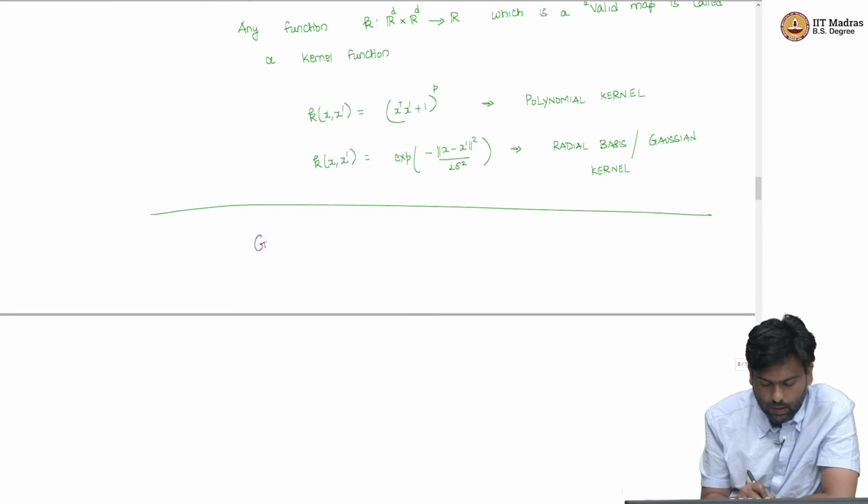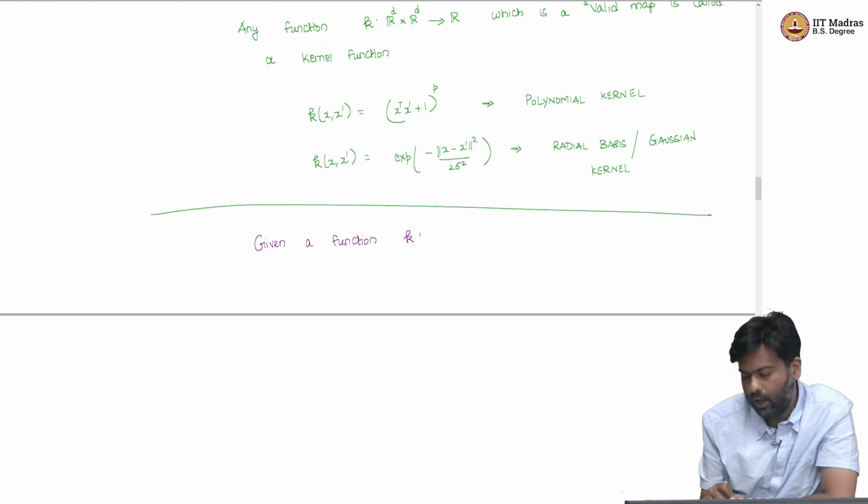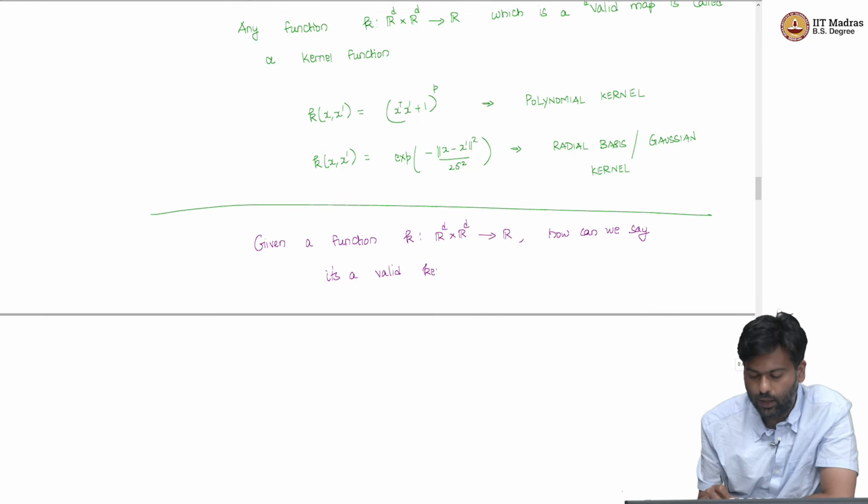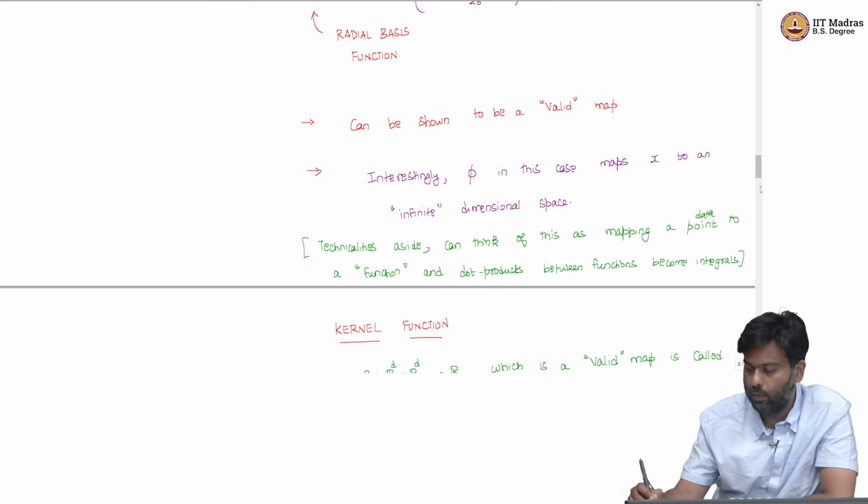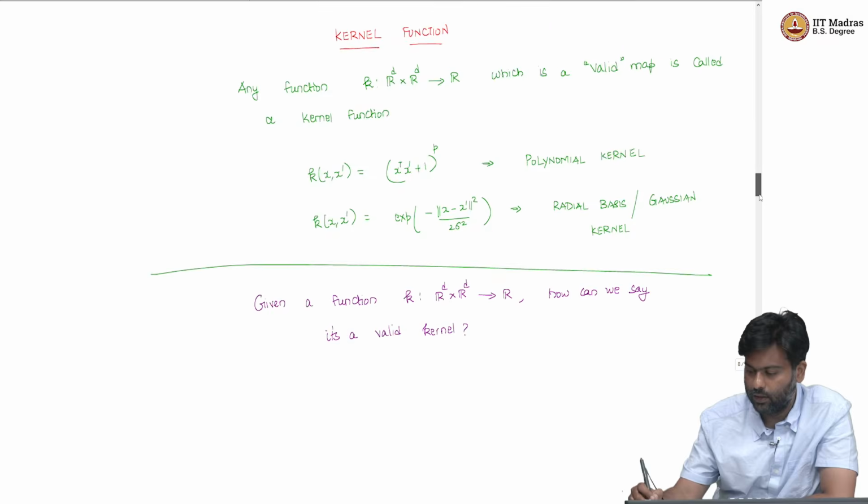So, in general, we want to ask the question, given a function, let us say I give you a function k which takes in two d-dimensional vectors as input and computes a number. Now, how can we say it is a valid kernel? If I claim that this is a valid kernel, how would you be convinced that this is in fact a valid kernel?